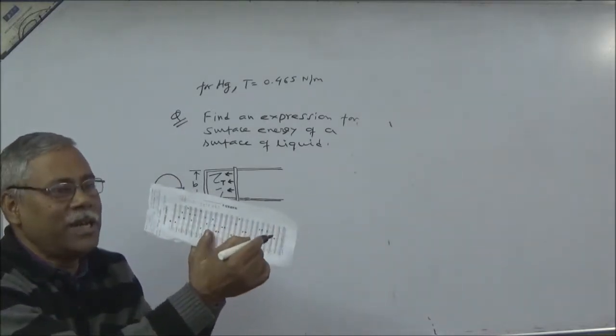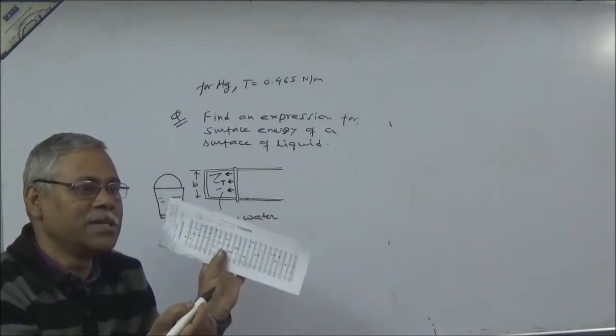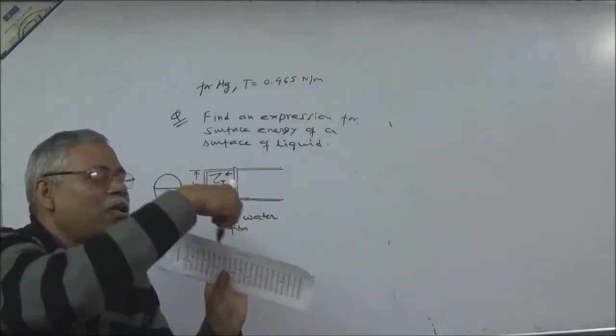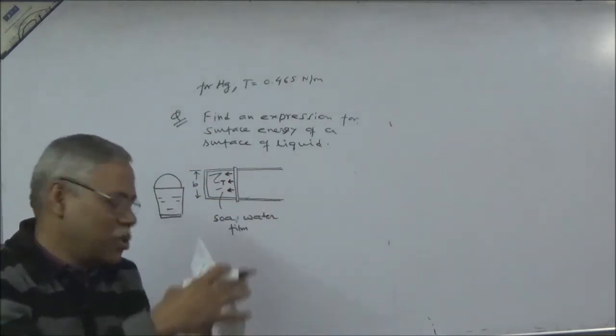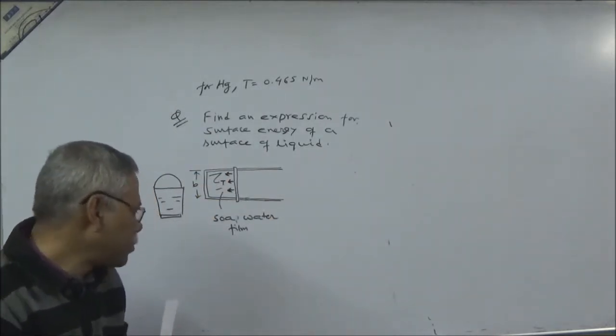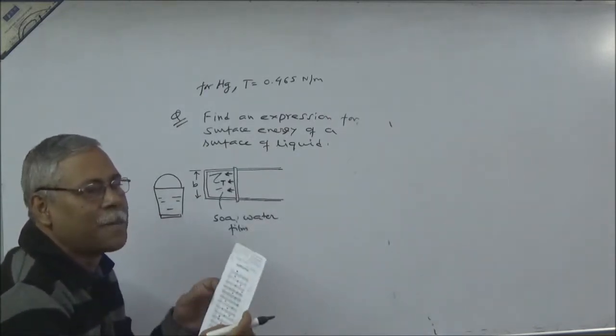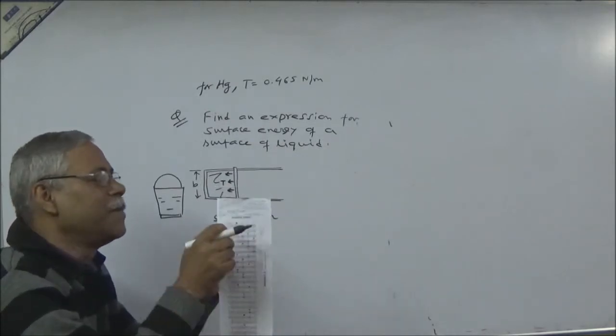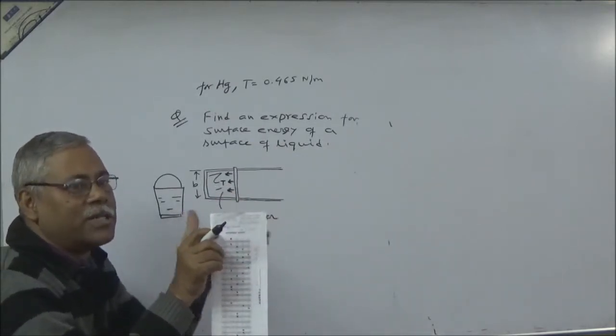You can write on this side, and you can also write on this side. So this film has two surfaces. Surface tension is acting on this surface and also on this side.